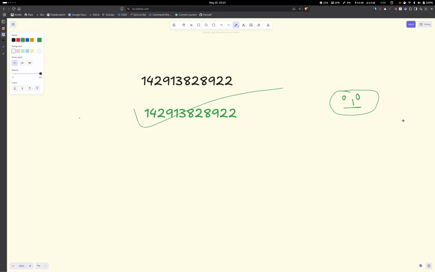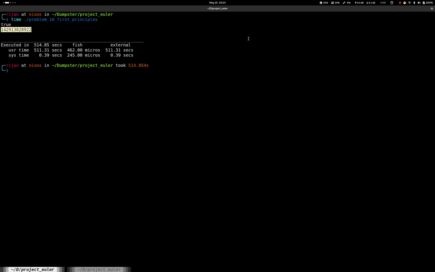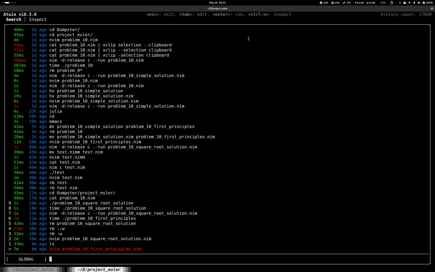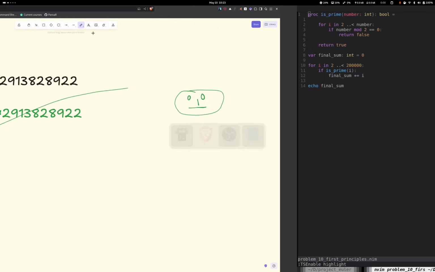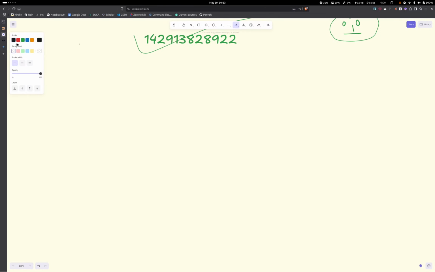And I think the issue is that in the past I've used a first principle approach to implementing the is prime function by just brute forcing all the numbers. For any number n, if it's small, it's fine.